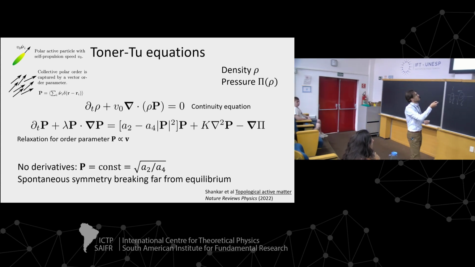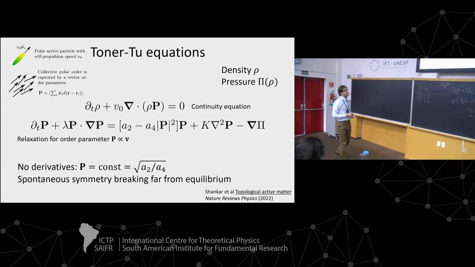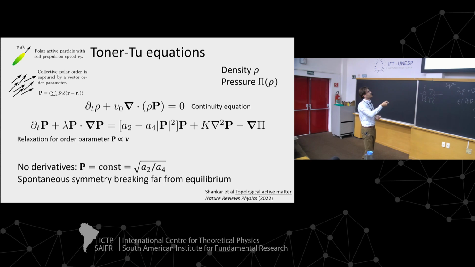You can interpret this A2 as the crucial active term here, because it needs to be positive, and A4 as a regularization term that prevents P from running off to infinity.